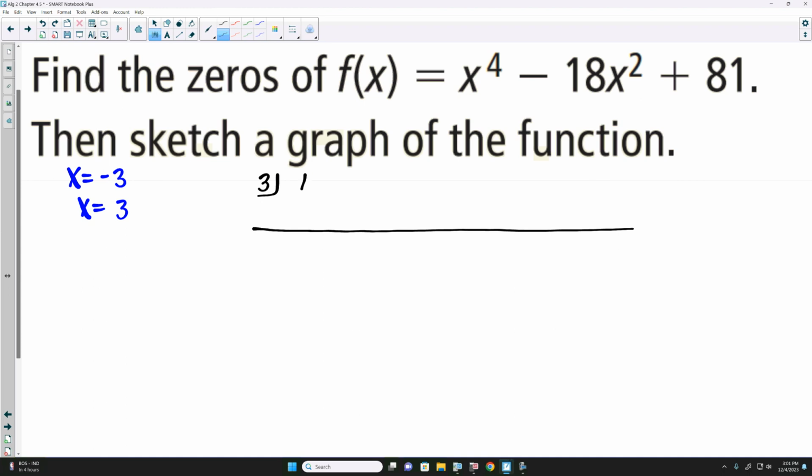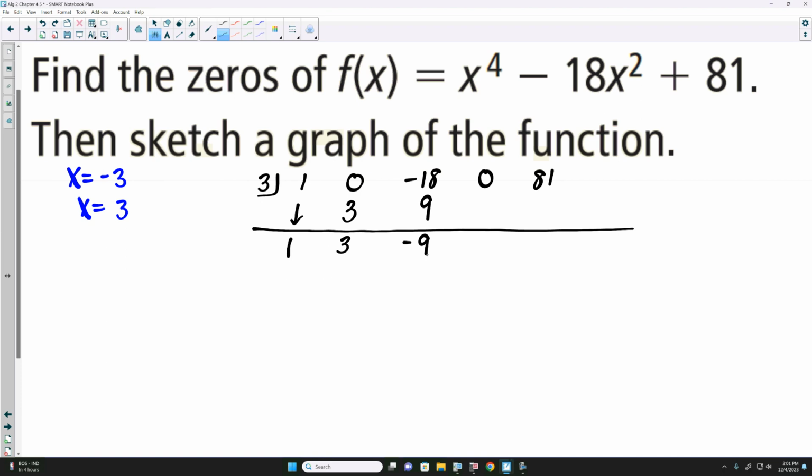Our numbers going across the top would be 1 for x to the fourth, 0 for x cubed, negative 18 for x squared, 0 for x, and then 81. So the first thing we would do is bring the 1 down. Then we can multiply. 3 times 1 is 3. 0 plus 3 is 3. 3 times 3 is 9. Negative 18 plus 9 is negative 9.